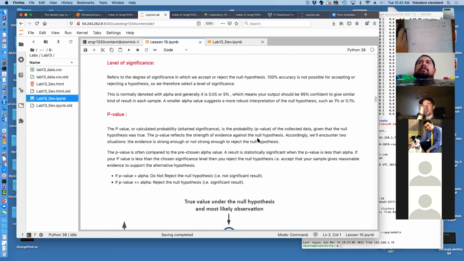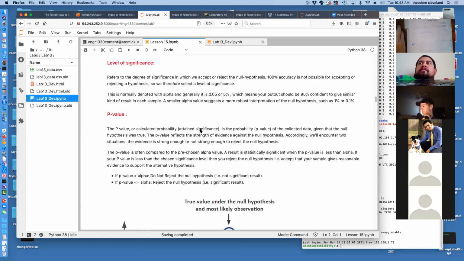The next term we're going to introduce is called level of significance. This refers to the degree of significance that we, ahead of time, decide to accept or reject our null hypothesis. 100% accuracy is not feasible for accepting or rejecting a hypothesis, namely because there's not enough money in the world and won't be for the next 5 or 6 million years to be able to afford 100% accuracy.